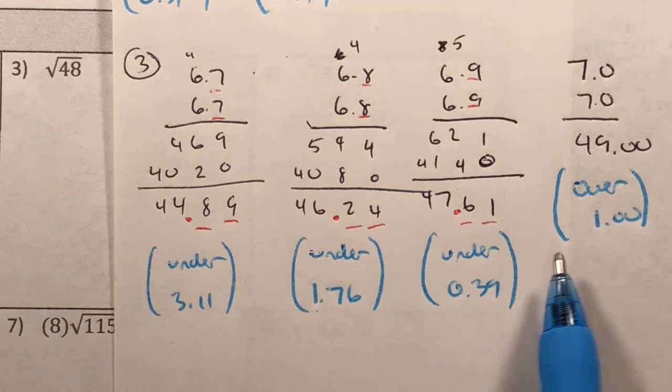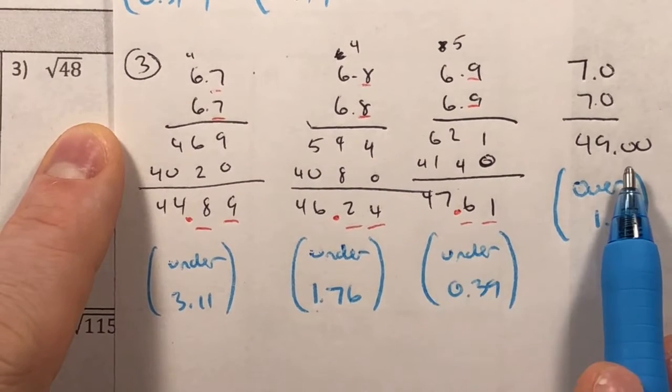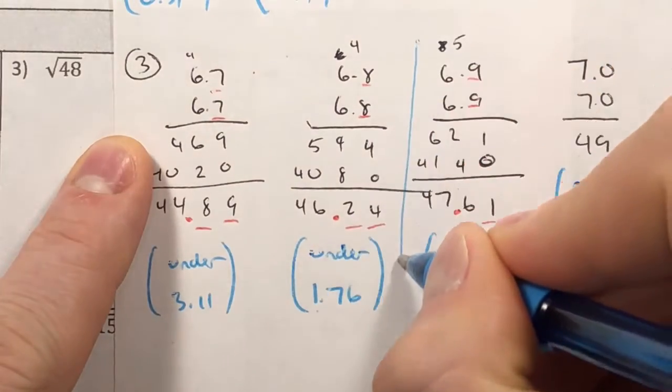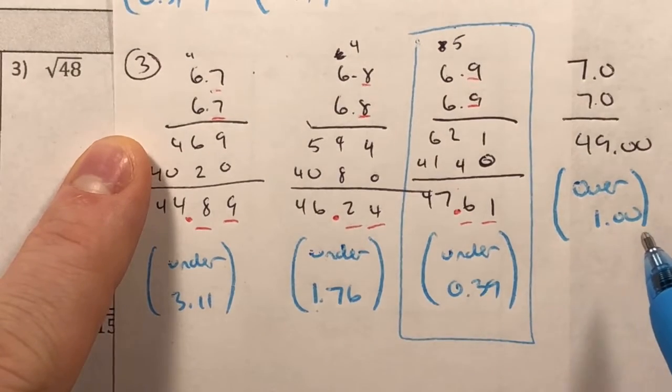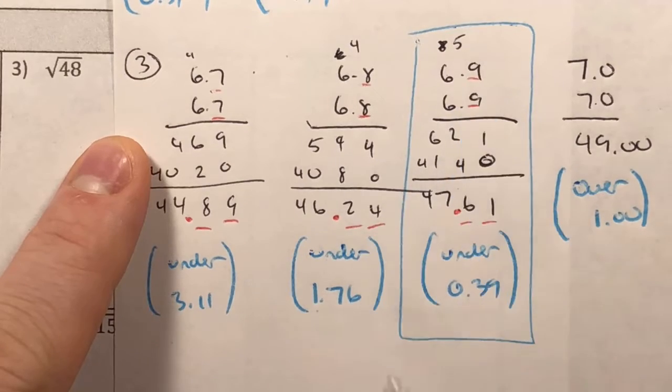And so what I notice is it's going to come down to these two. 48 is between 47.61 and 49. The closer of the two is going to be this one. That's the closest one out of every number that I tried. It's still a little bit under, but it's the best estimate to the nearest 10th.